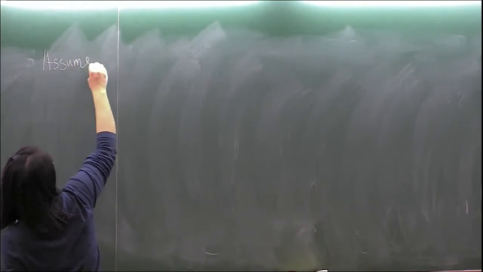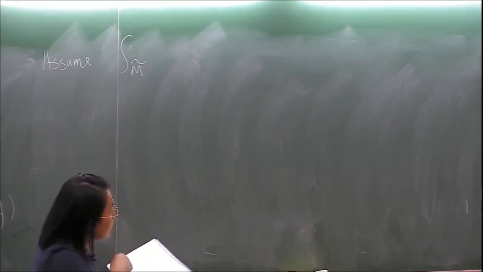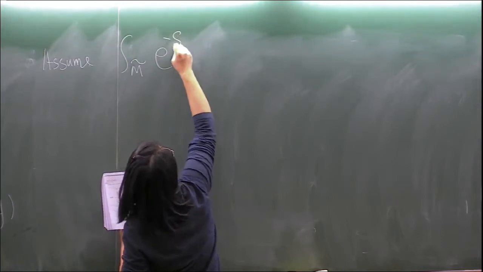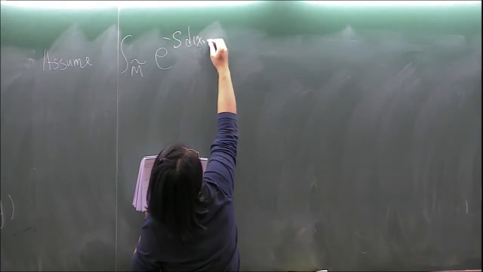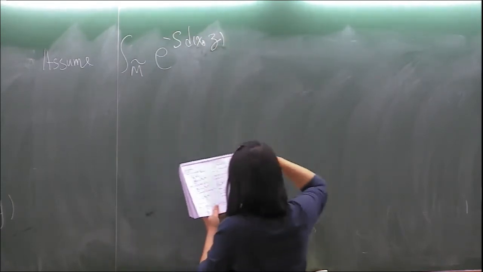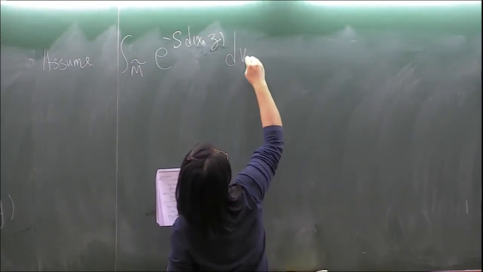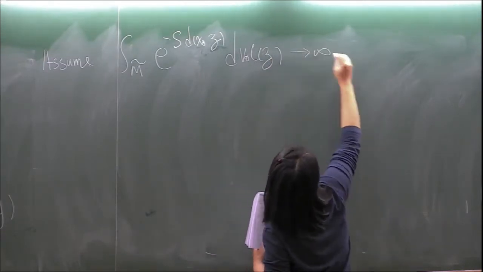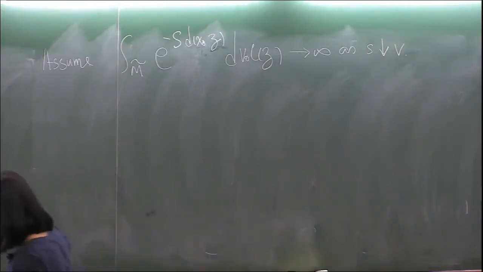So if we assume the integral of this guy, where it goes to infinity, e to the power minus s, the x naught, actually it doesn't matter, the x naught and the z, right? D, okay. And the volume, this one, where it goes to infinity as s goes to v, decreasing to v.